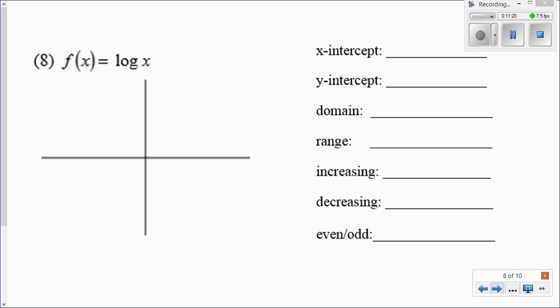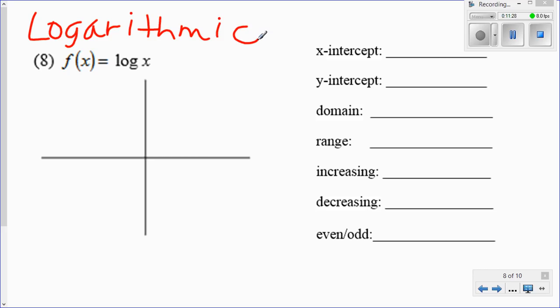All right, number 8. This is a logarithmic function. And the logarithmic function actually goes through the point 1, 0, and it looks like this. Okay, so this particular graph does not go through the origin, but because it goes through that point 1, 0, the x-intercept is 1. This graph actually does not have a y-intercept because in this case the y-axis is a vertical asymptote.